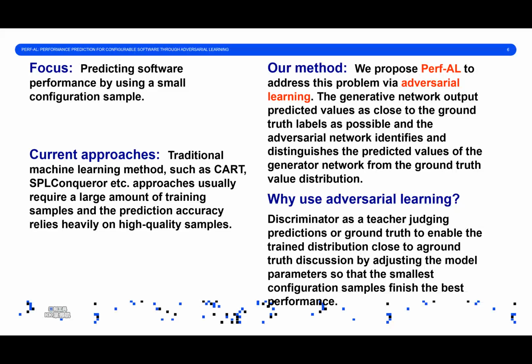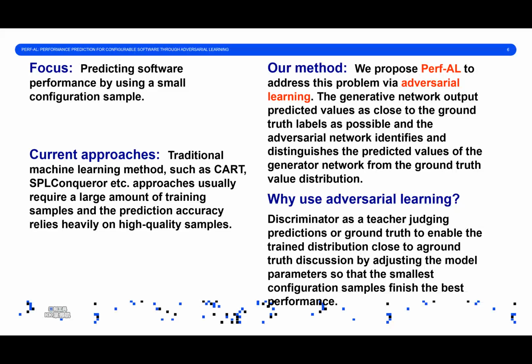These methods usually require a very large amount of training samples and heavily rely on high quality samples. So this is not convenient and not easy to satisfy in the real world.